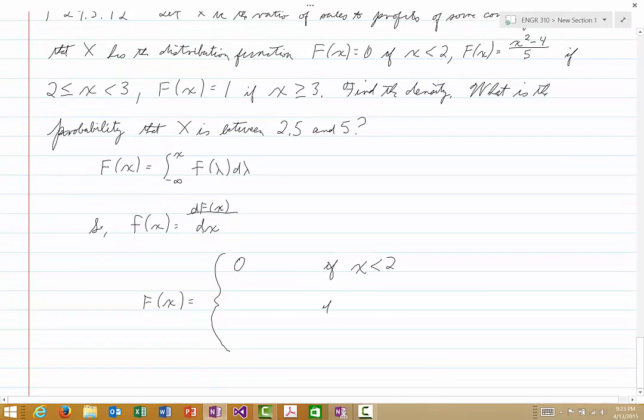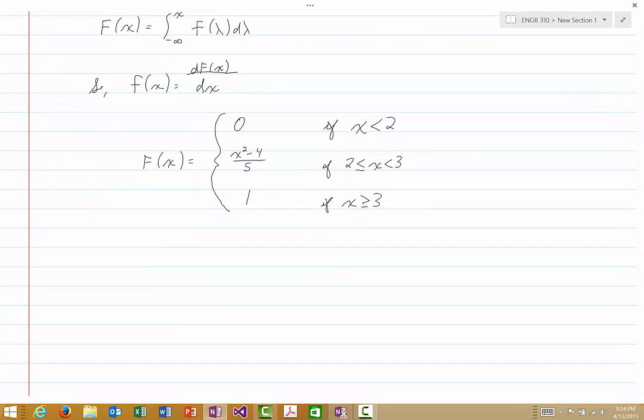And if 2 is less than or equal to x is less than 3, capital F of x is equal to x squared minus 4 over 5. And finally, if x is greater than or equal to 3, F of x is equal to 1.